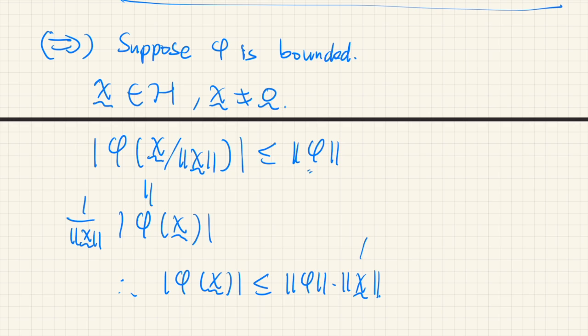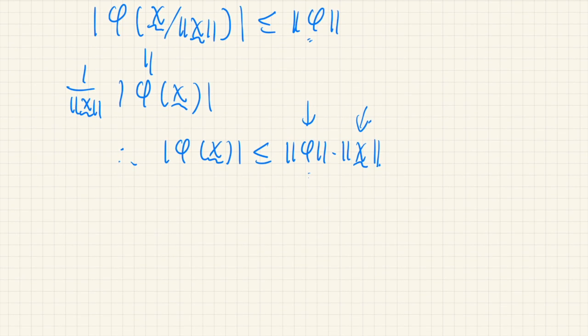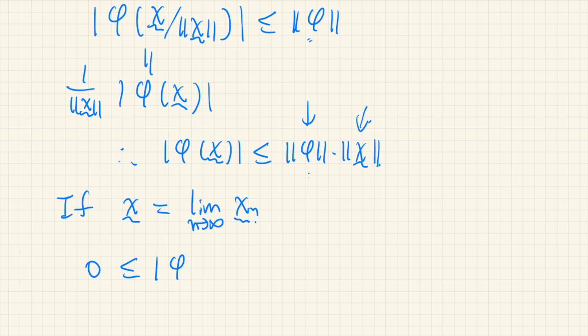By the way, this norm is the norm of the elements of the Hilbert space, and this norm is the norm of the functional. So they are actually different norms. And now, if we have a sequence xn in the Hilbert space that converges to x as n goes to infinity, we want to show that phi is continuous. So let's take the difference between phi of xn minus phi of x.